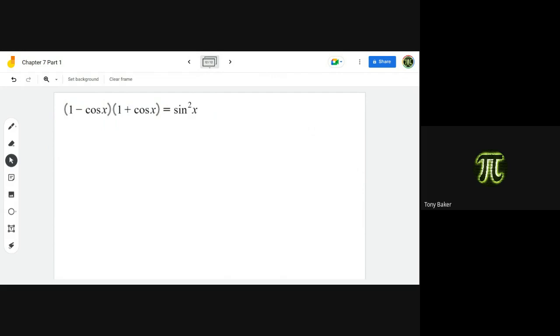This is one of those rules that's actually very helpful in a lot of situations. Remember the difference of squares from algebra class? You had x squared minus y squared equals x minus y, x plus y. That rule.